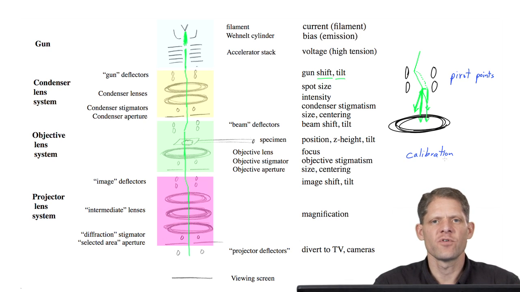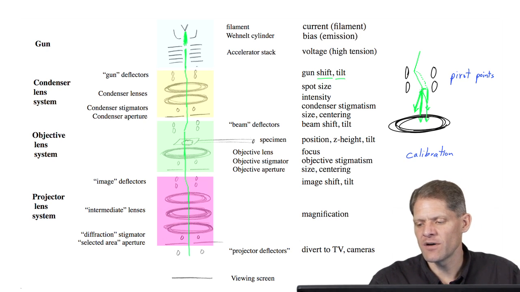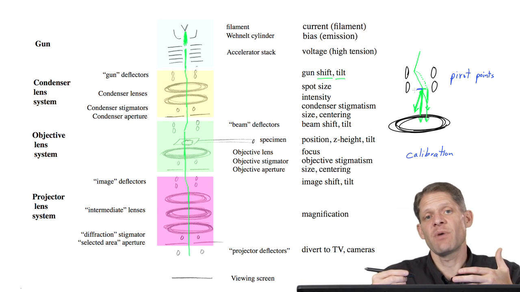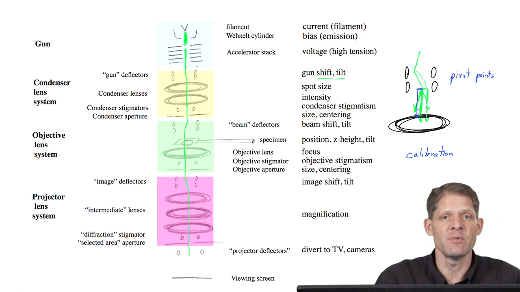And what this means, for instance, is if the software asks for a beam shift of, say, 100 nanometers to the left, it needs to know, if it asks the microscope for a 100 nanometer shift, how much shift is actually applied. It may be less, it may be a little bit more.